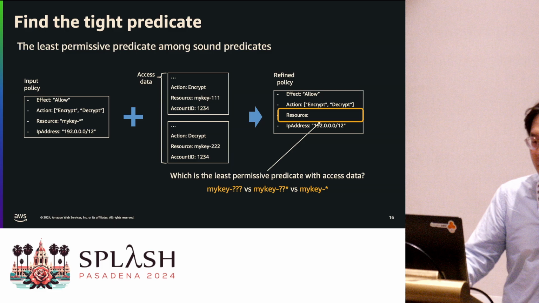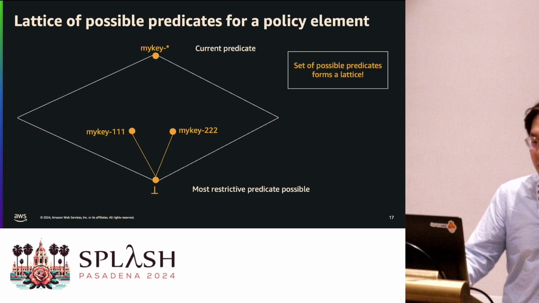We understand this problem as a lattice problem. First, we have this top and bottom, where the top is the most general predicate from the input policy, which is my-key-dash-star, and the bottom is where nothing is matched. Then we have these two request values, my-key-dash-111 and my-key-dash-222. We can interpret these values as predicates too.